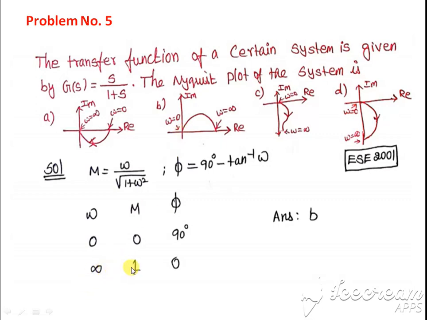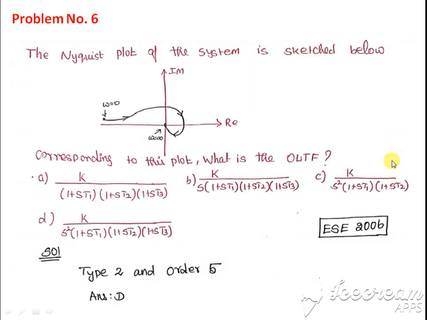When omega is equal to infinity, magnitude is 1 and the angle is minus 90, but here the angle is 0, so D is also not the answer. So finally the answer is option B. This question was a previous engineering service 2001 question. Then we move to the next problem.